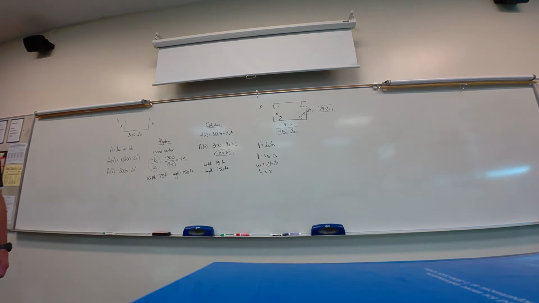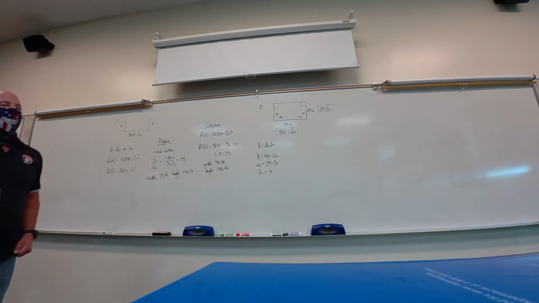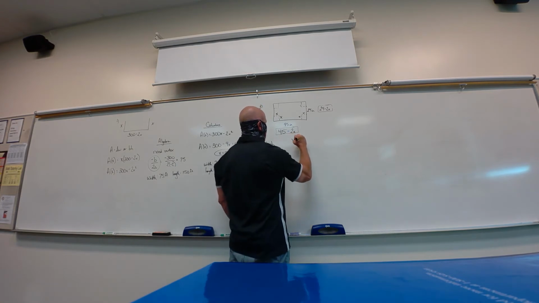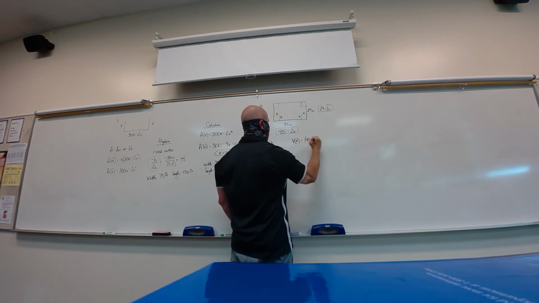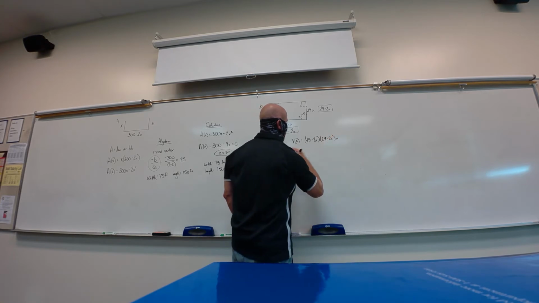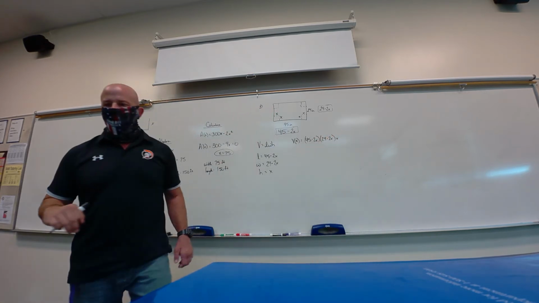All right, so let's get our volume function. V of x would be 45 minus 2x times 24 minus 2x times x, and we've got to get that all multiplied out there.